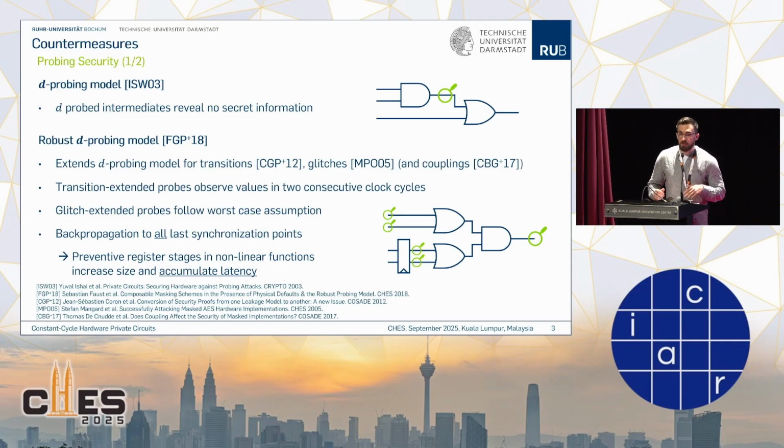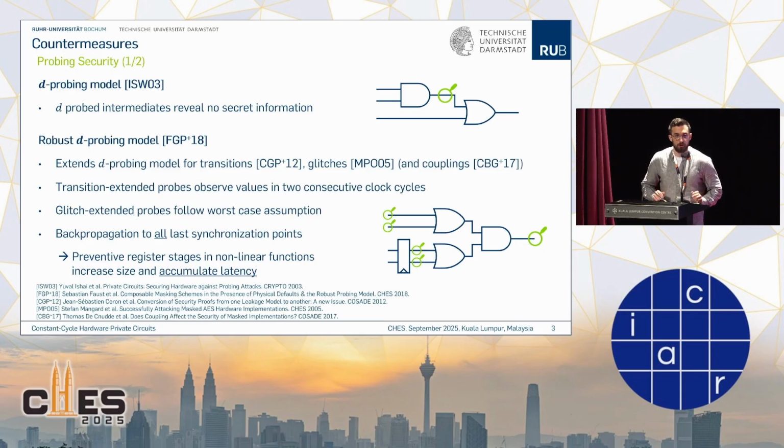For glitches, when we feed some values into a circuit, the signals might toggle back and forth multiple times due to different signal propagation delays in the wires and the gates. Here, the probing model relies on a worst-case assumption, meaning that, for example, in the image on the bottom right, if an adversary observes the output of the circuit, then this model assumes that glitches might propagate from all of the primary inputs or all the register outputs.